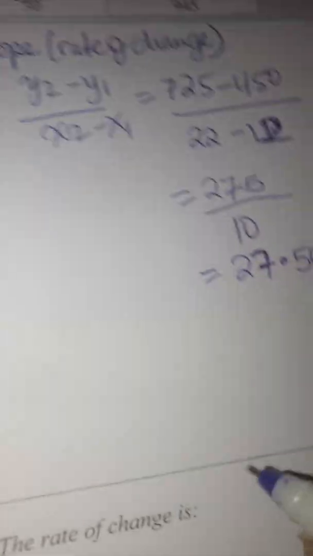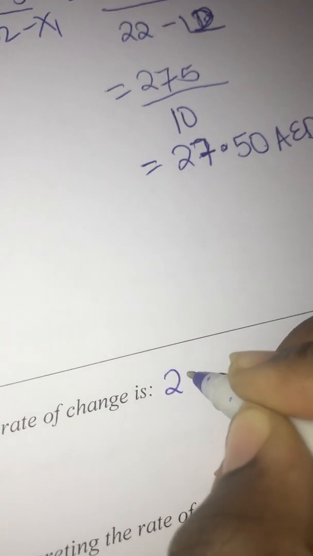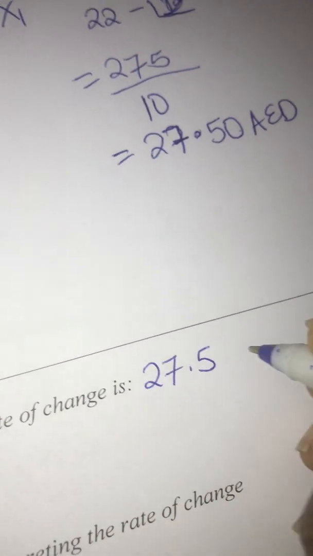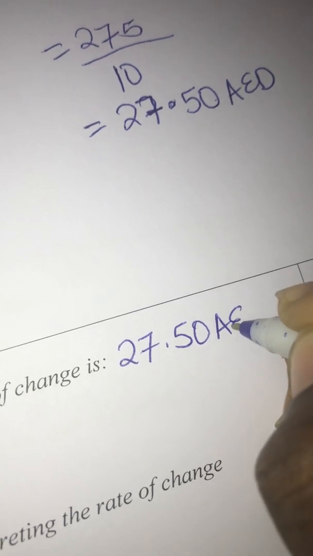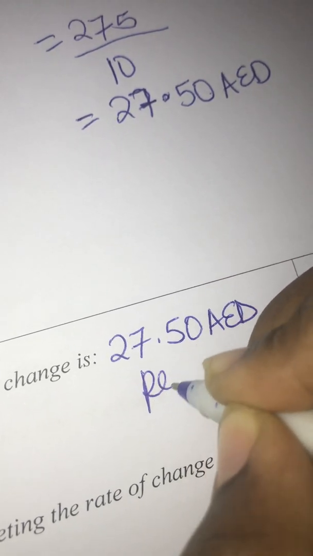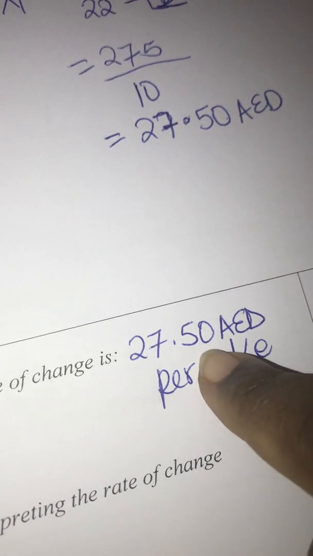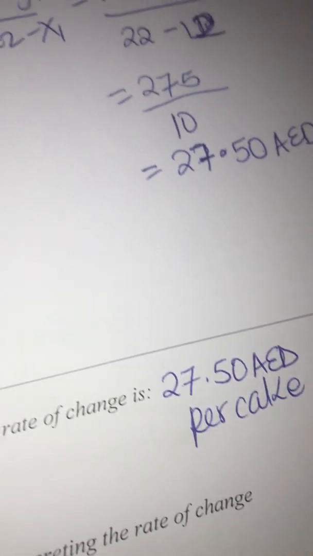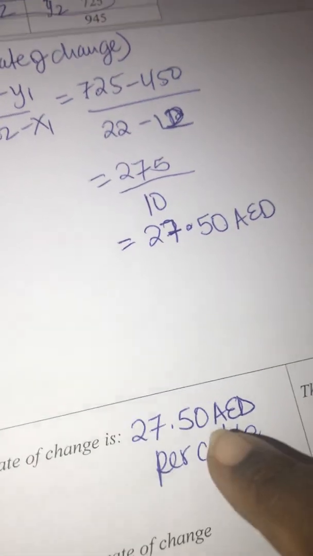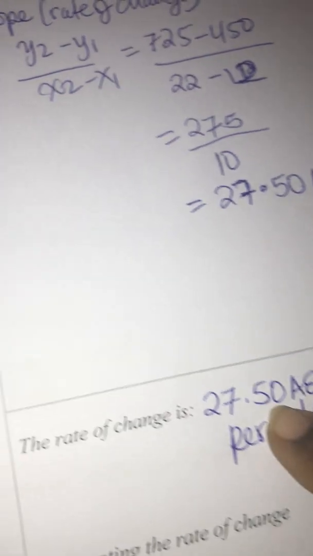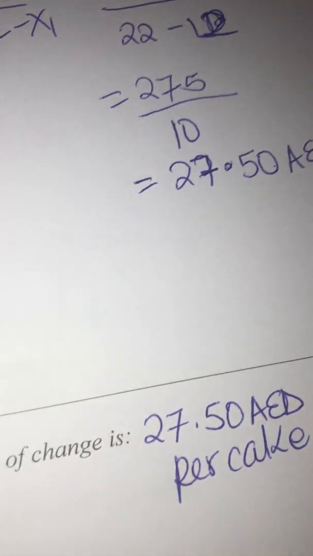So I'm going to write here: my slope, my rate of change, is 27.50 AED per cake. So for every cake you buy at Yara's place, you will pay 27.50, or she will make 27.50. That's what this is saying.